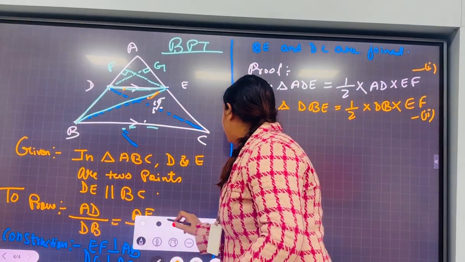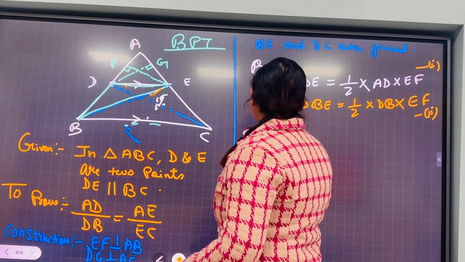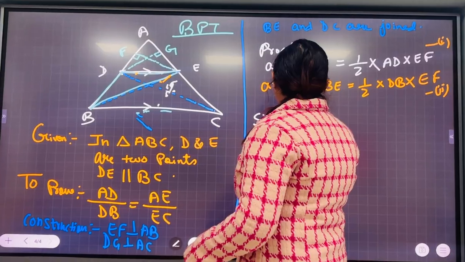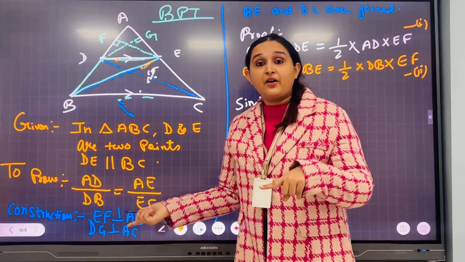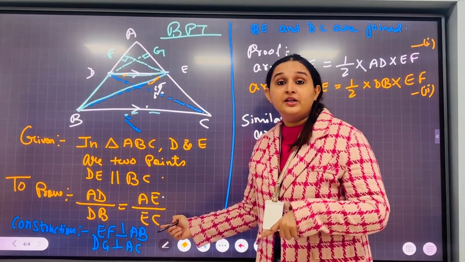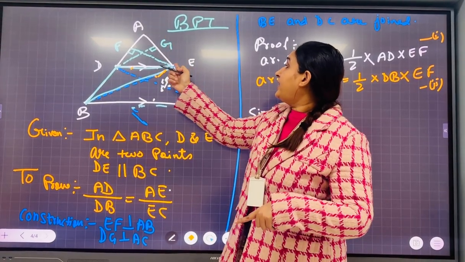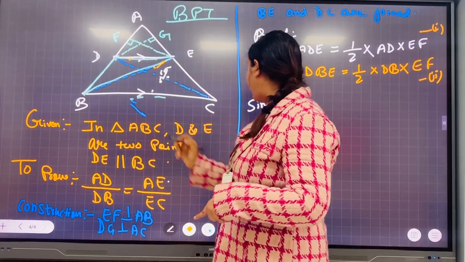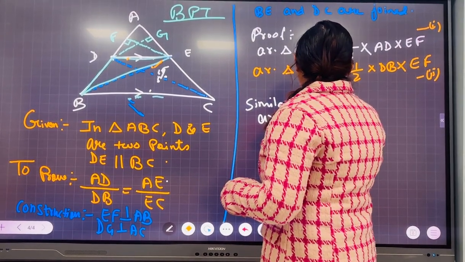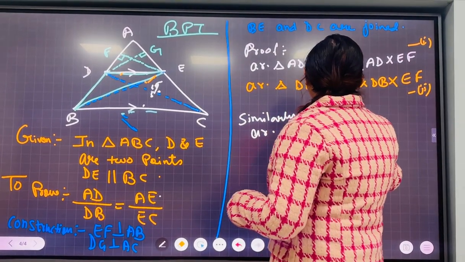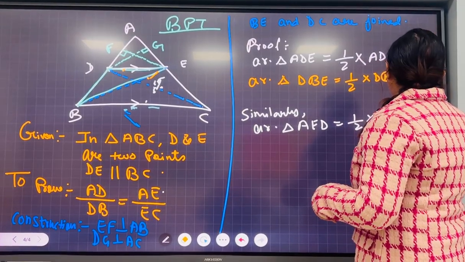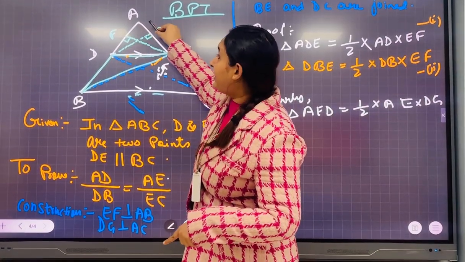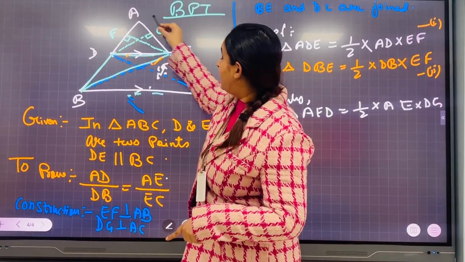Now, similarly, what is the next area of triangle I have to prove? AE upon EC. So for AE, again which triangle? AED, right? AED is half into AE into DG. Now DG is the height and this is the base.